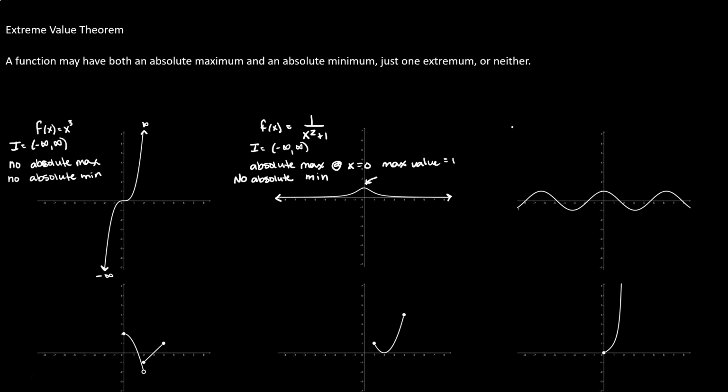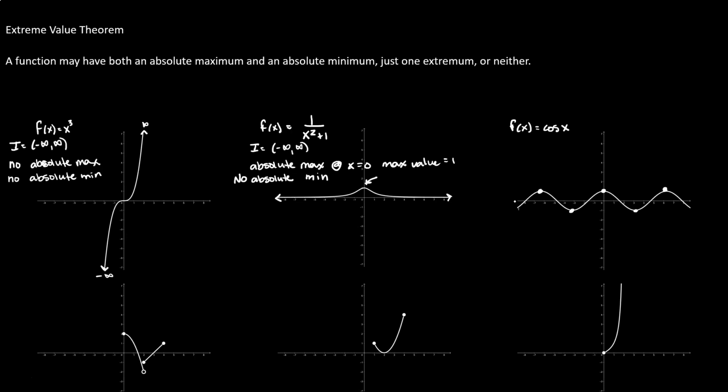Moving on to our next graph, we have the graph of cosine x. This graph oscillates back and forth between 1 and negative 1. We can see that there are hilltops. This is where maximum values would occur, at hilltops, and we can see that there's some valleys.